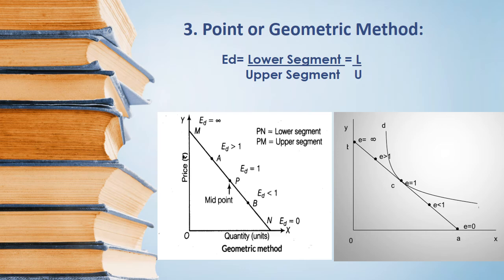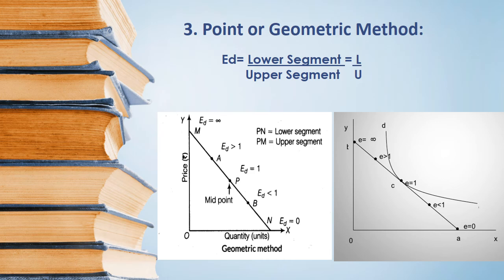So by plotting different points on the curve, you will get different numbers, and based on that you will compare it with the formula, that is ED is equal to infinite or 1 or less than 1 or greater than 1, and accordingly elasticity of demand will be calculated. For example, at point M, the point elasticity is infinite because the upper segment is 0 and the lower segment is infinite.